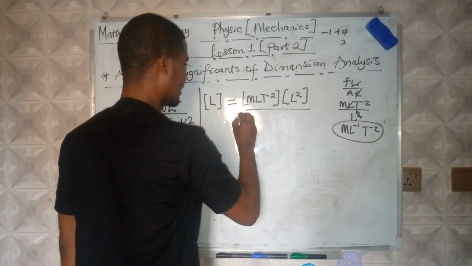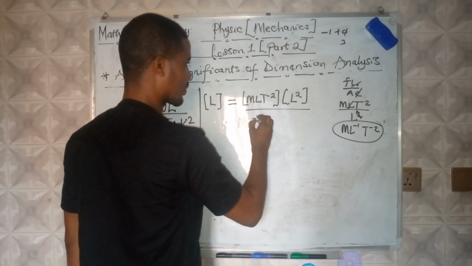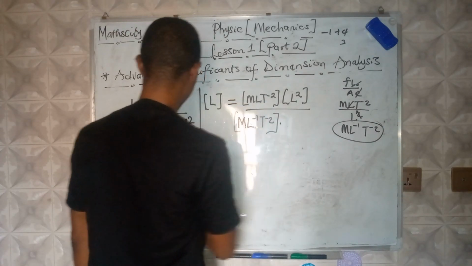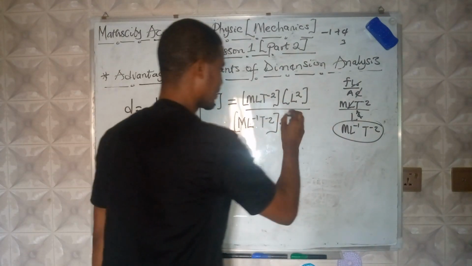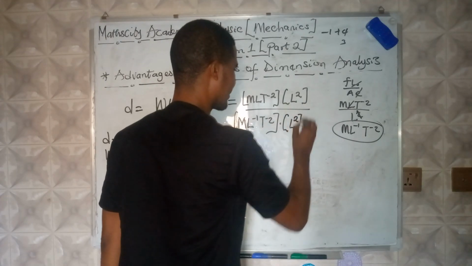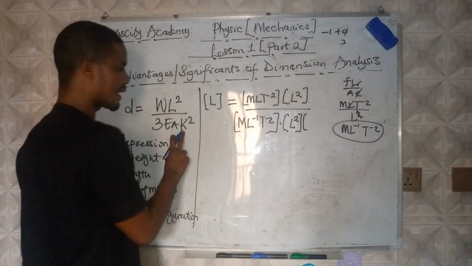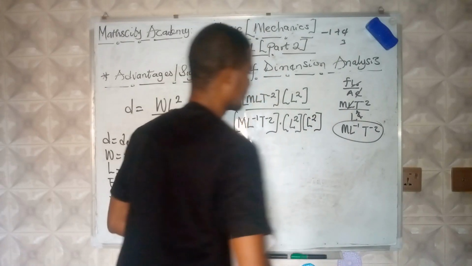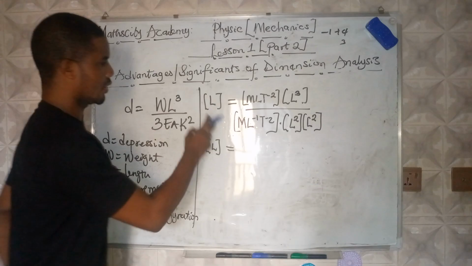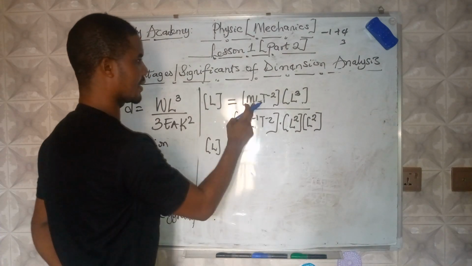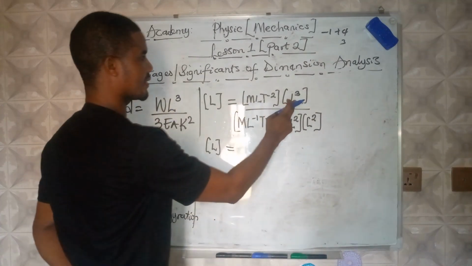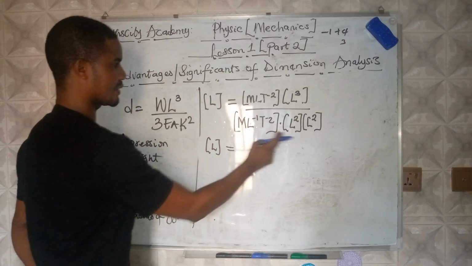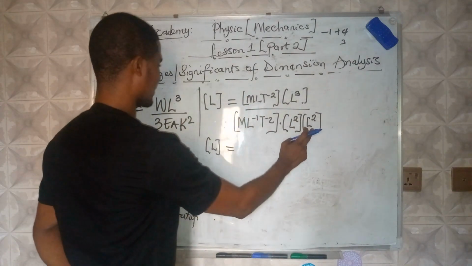So I bring it here, L^-1 T^-2. Then area dimension is L squared. Then radius of gyration dimension is L, but it's carrying square also.